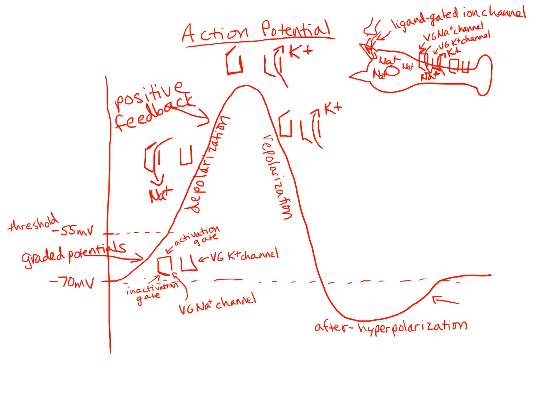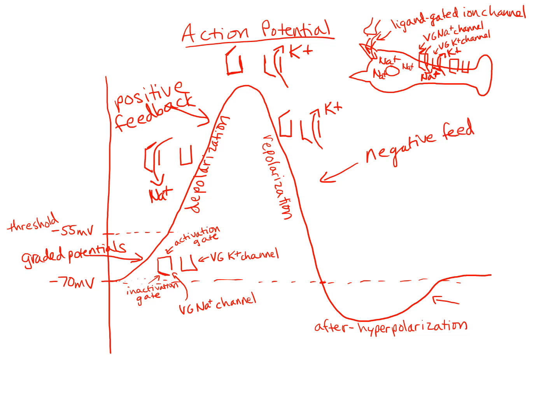Okay, so this repolarization phase will go all the way until we reach the resting membrane potential down here at minus 70 millivolts. And this is a form of negative feedback.